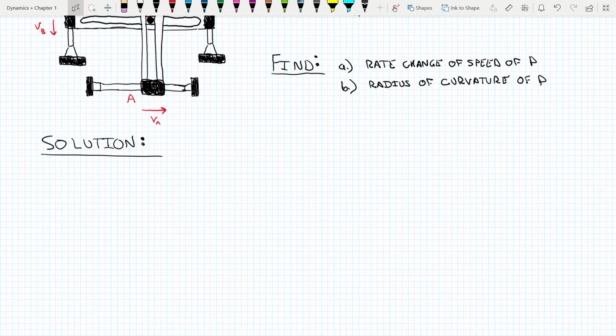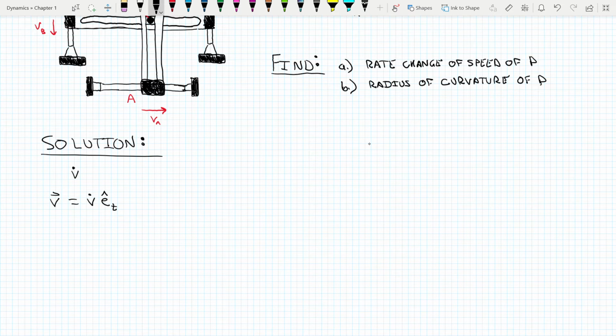So for the rate change of speed, we need V dot, which is found in the vector equation for path. V is equal to V dot E sub T hat.